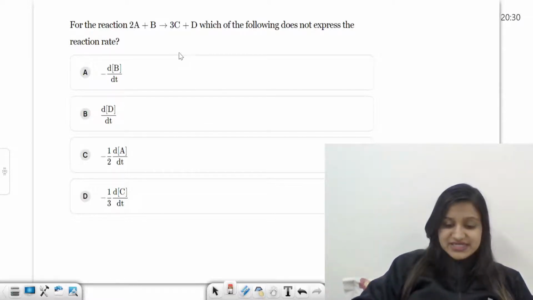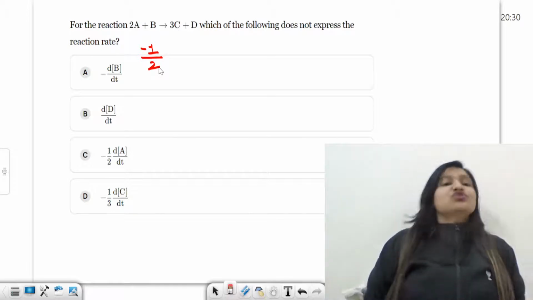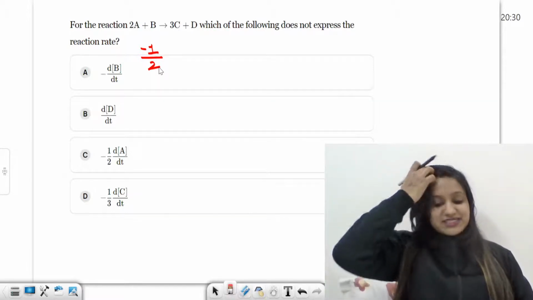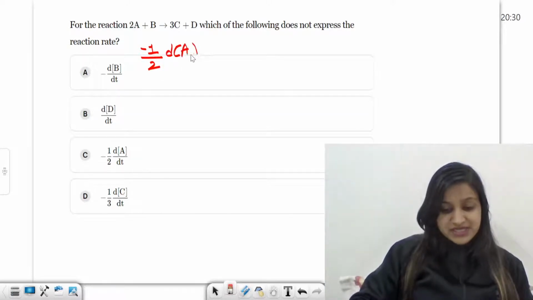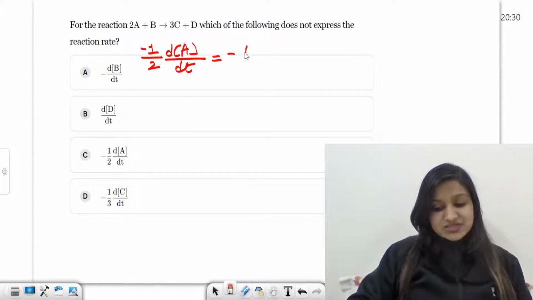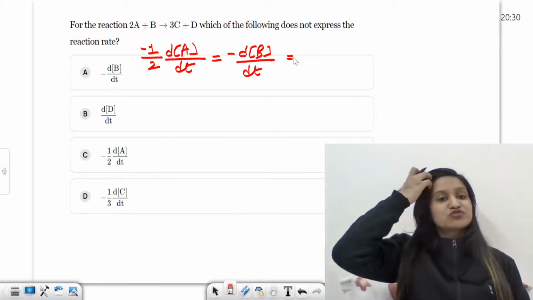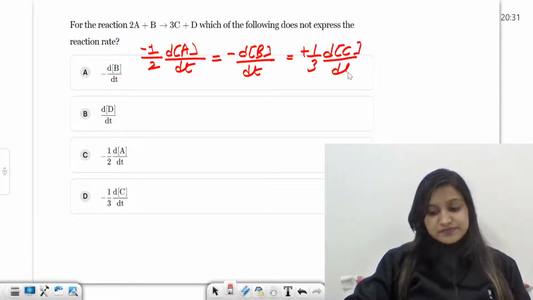Minus 1 by 2 dA by dt will be equal to minus dB by dt simply. It will be equal to plus 1 by 3 dC over dt, and this will be equal to simply dD by dt.